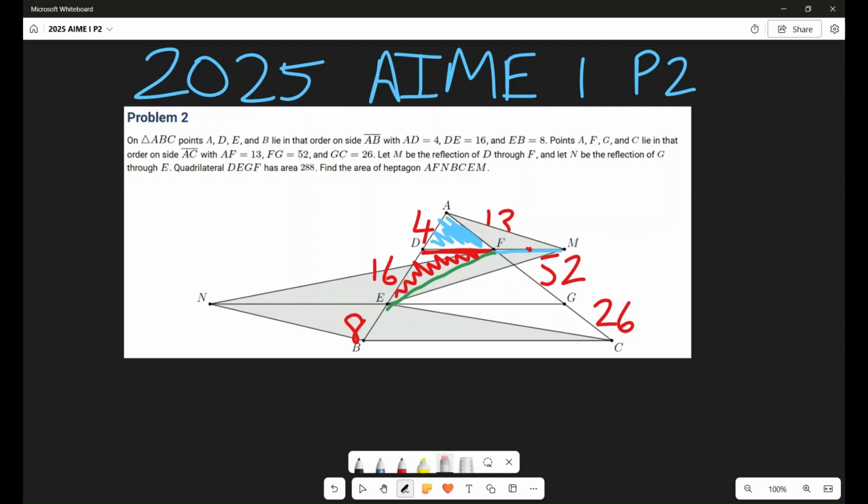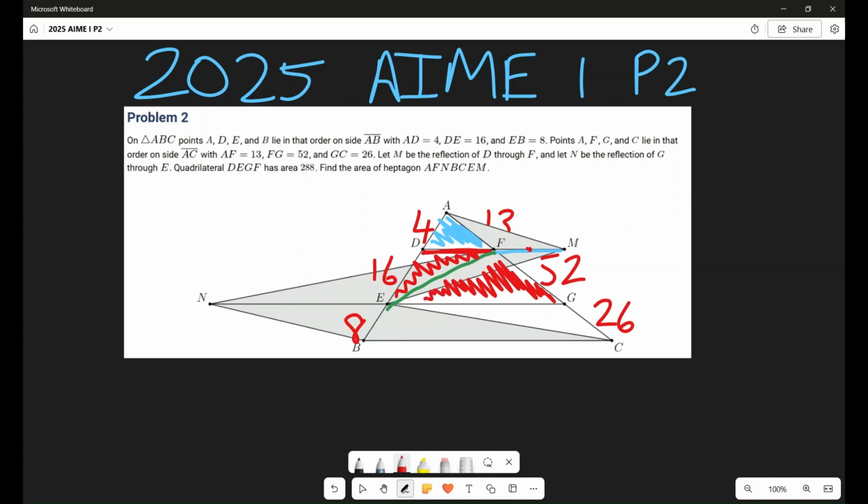So now we have a new region that we can find the area of instead of FME. Now for FEN, we can notice that that area is equal to FEG. Why? Because EG is equal to EN. So let's shade that in as well.